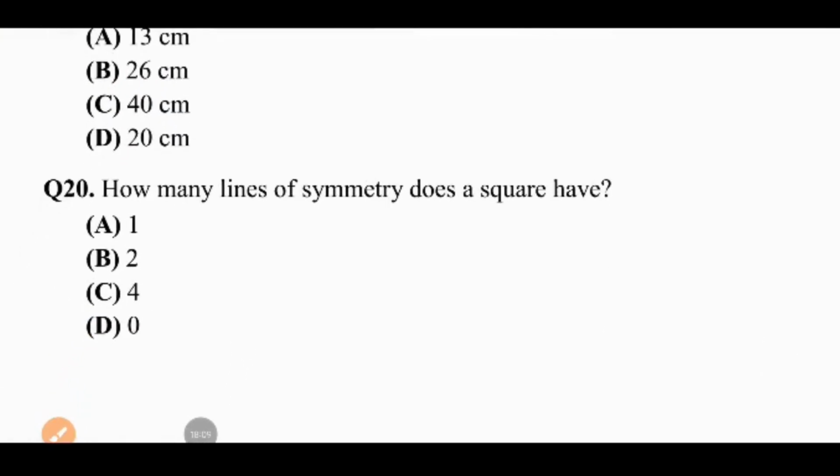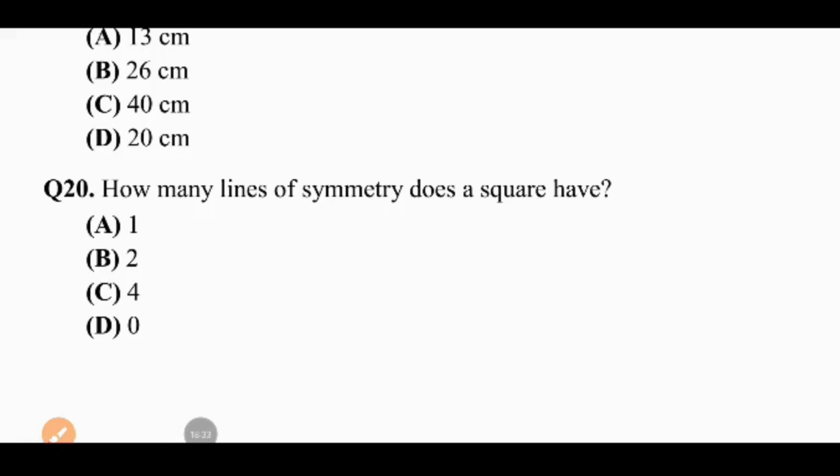Moving to question number 20. How many lines of symmetry does a square have? Those who know, please go ahead. Options are: A 1, B 2, C 4, D 0. And for others, those who are looking for an explanation, please listen carefully.